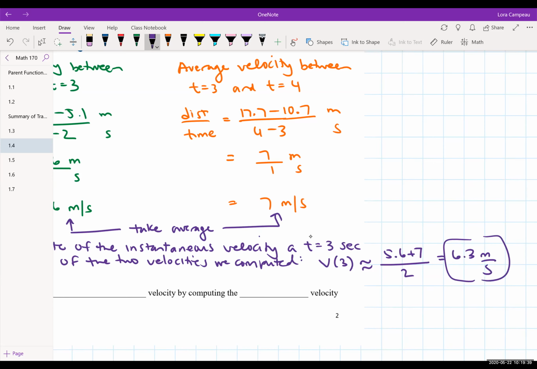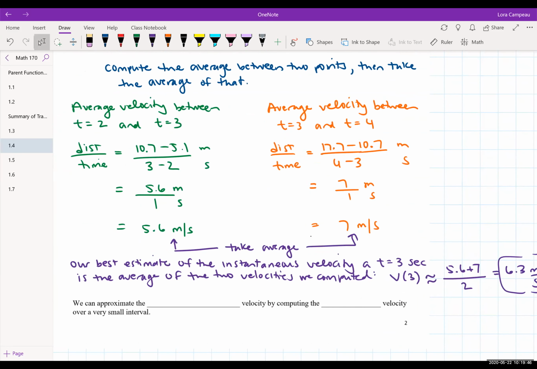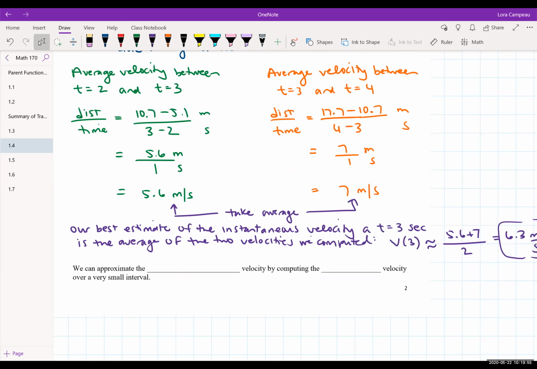Now, in a few sections, we're going to formalize this process, but it's important to realize what we're actually doing when we're taking averages closer and closer to the point in question. So I'm just going to summarize with a little fill in the blank here. Remember, we're approximating the instantaneous velocity by computing the average velocity.